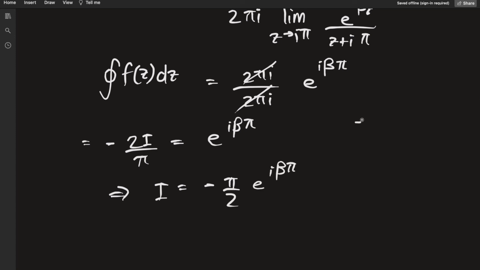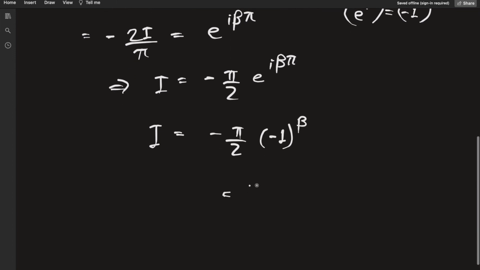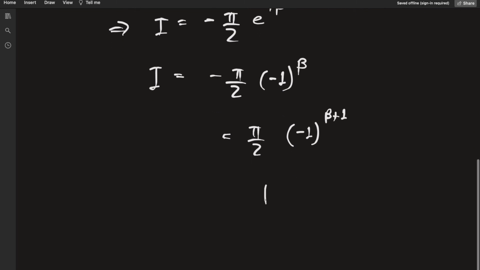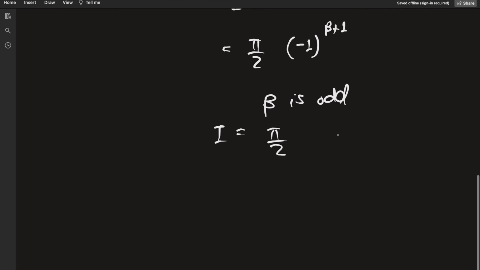Now the best thing is e raised to i pi is negative 1. If you raise that to beta power, it's going to become negative 1 to the beta. So I is negative pi over 2 times negative 1 to the beta, or pi over 2 times negative 1 raised to beta plus 1. That's why when beta is odd, I is going to be pi over 2.